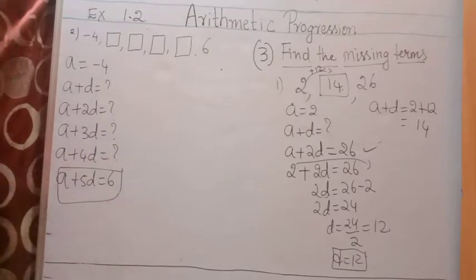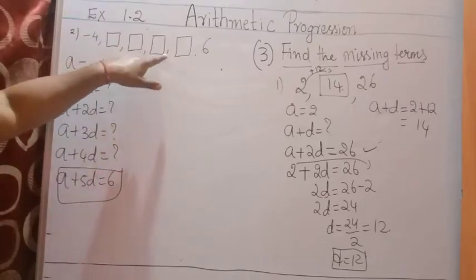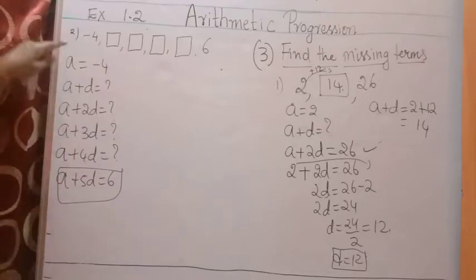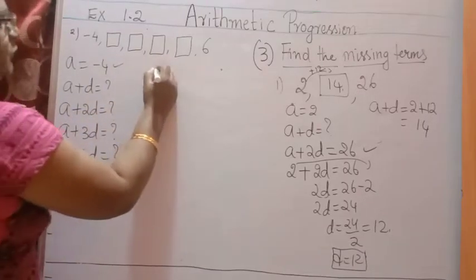So you know A plus 5D and you know the value of A. Only these two values you know.